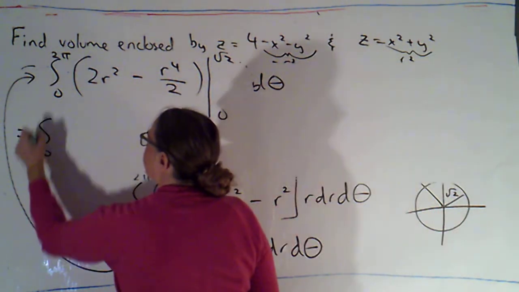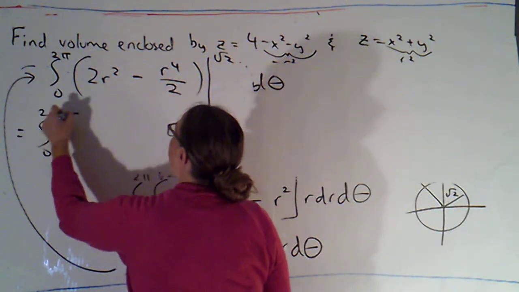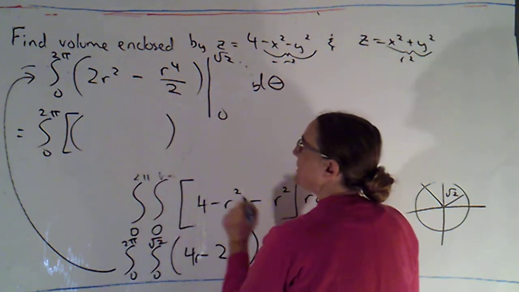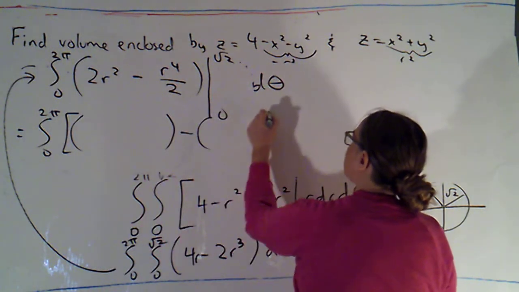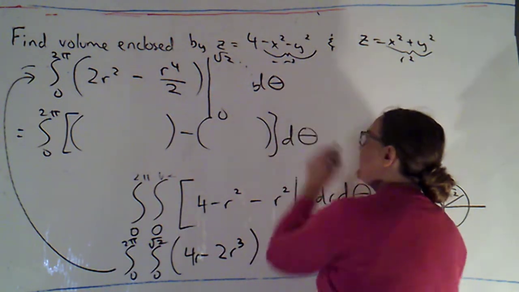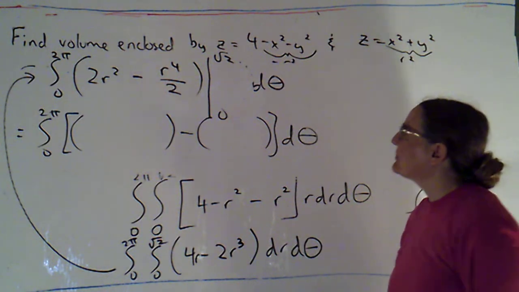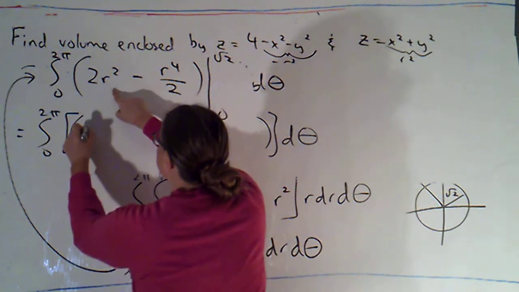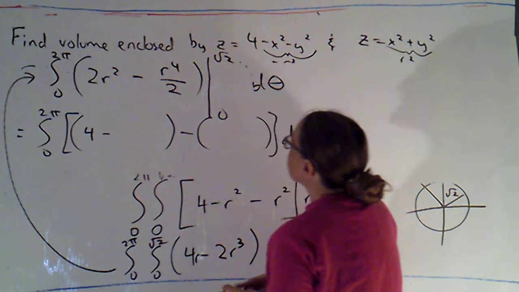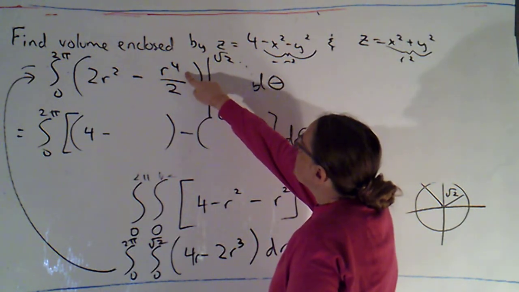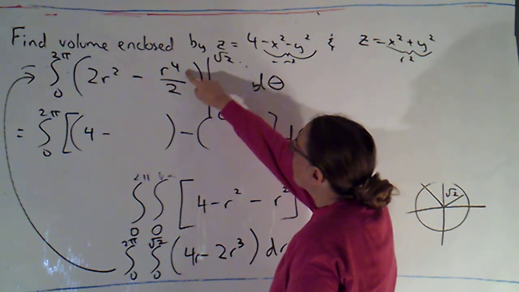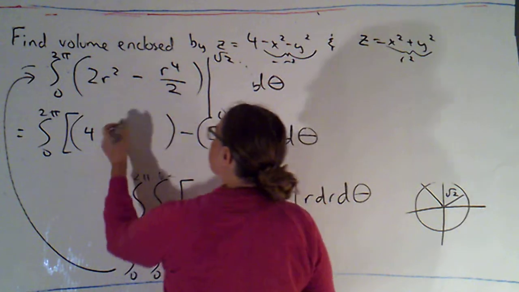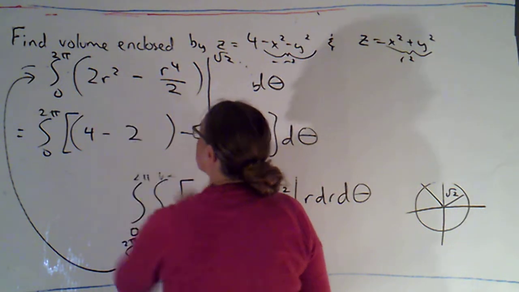So that's the integral from 0 to 2 pi of what I get when I plug in root 2 minus what I get when I plug in 0, d theta. When I plug in, root 2 squared is 2 times 2 is 4, minus root 2 to the 4th is going to be 4 divided by 2, which is just 2.